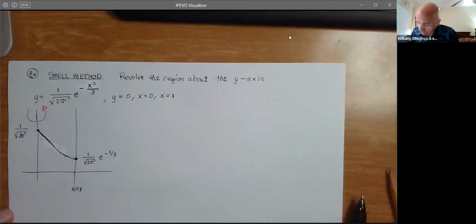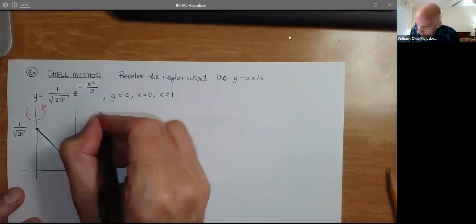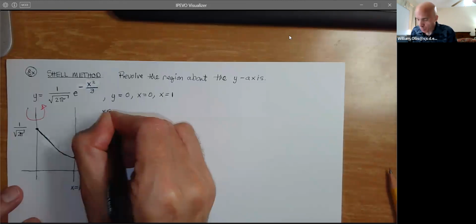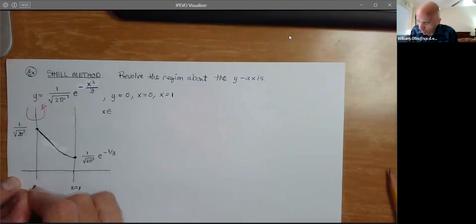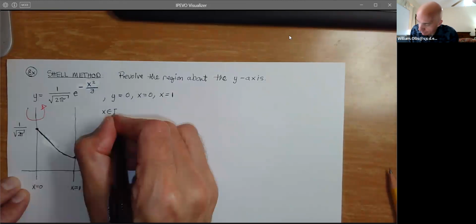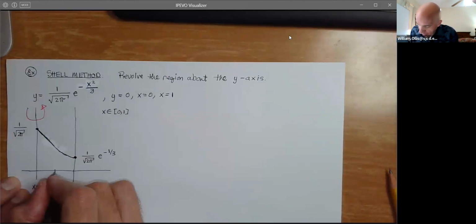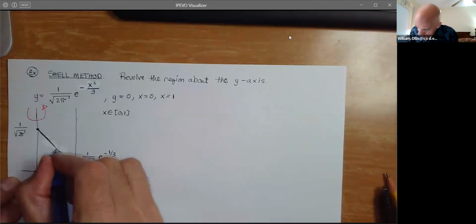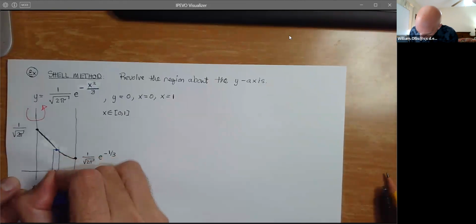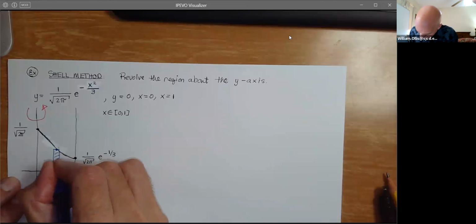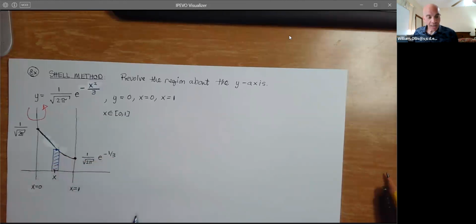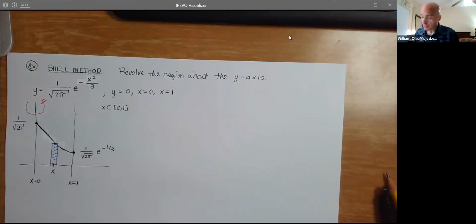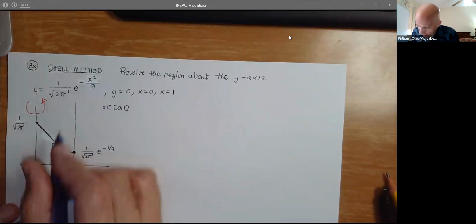Now x lives, with the vertical lines, between 0 and 1. So we pick an x and draw our rectangle. This is going to be something we can make table ready, so that's why it's important to have that right.